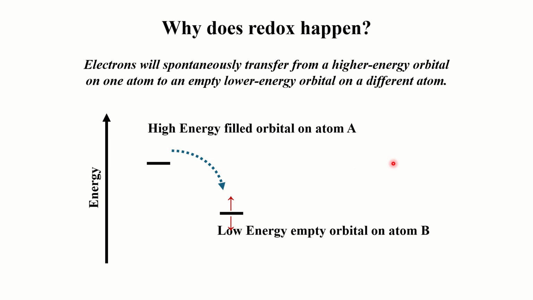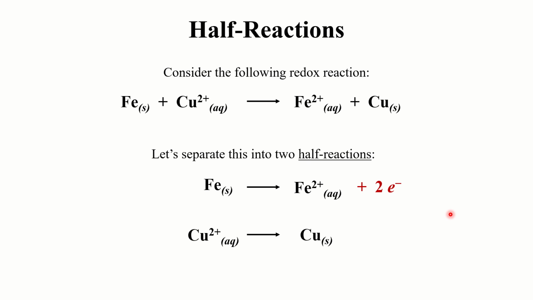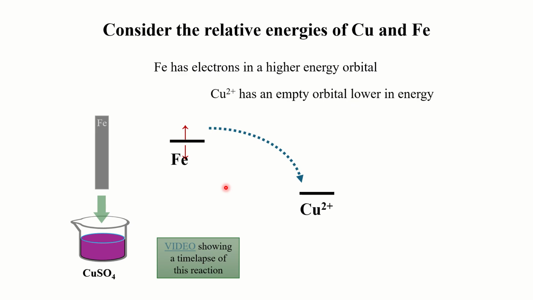And so this occurs. If we consider this redox reaction, similar to the one we were just looking at, iron plus copper 2+ forms iron 2+ and solid copper, we could separate this into two half reactions, where the iron is giving off 2 electrons because it's being oxidized, and the copper is gaining 2 electrons because it's being reduced.